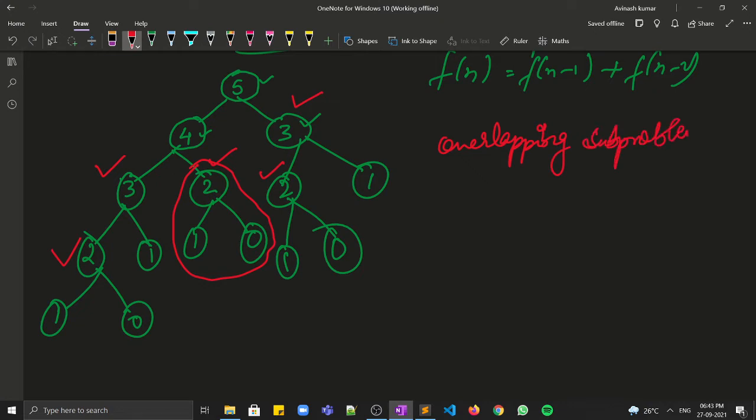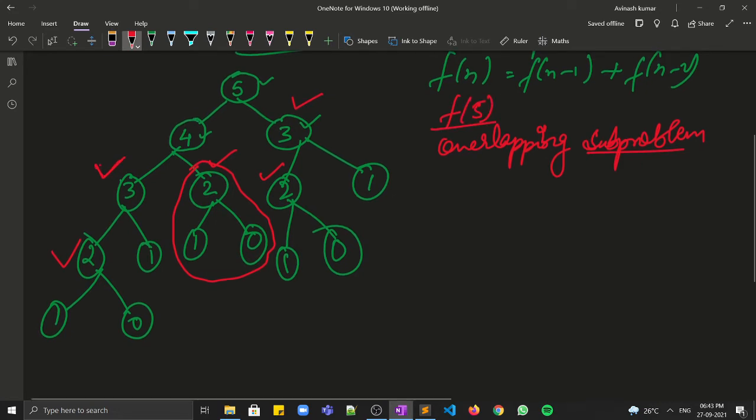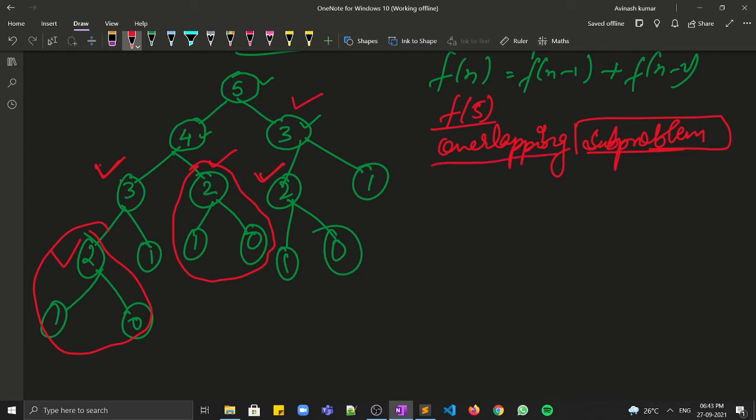We were given a problem to calculate Fibonacci of 5, right? And Fibonacci of 3, Fibonacci of 2 are the same problems but on a smaller set of inputs. So they are called sub problems and they are getting repeated, right? So these are overlapping in nature.